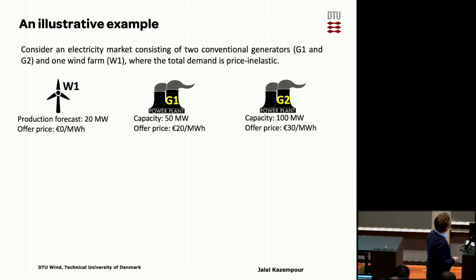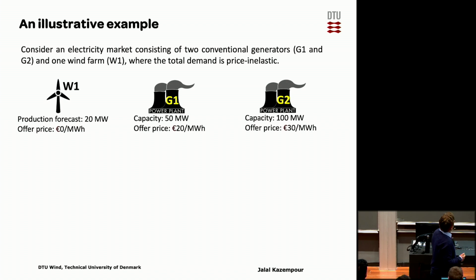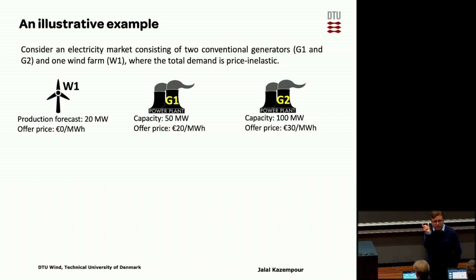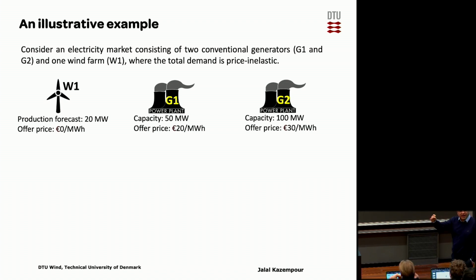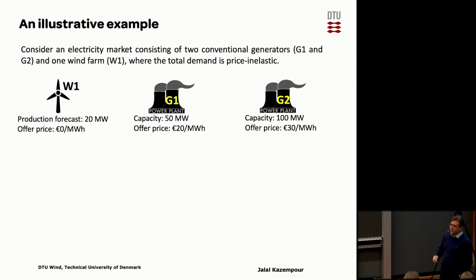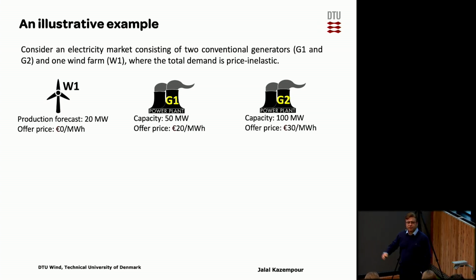Imagine there is a wind power W1, and production forecast is 20 megawatt. Imagine we are only talking about a single hour. We are going to add the hour dimension later. So for a given hour, for example, this is a forecast for 2 to 3 p.m. tomorrow, is 20 megawatt.